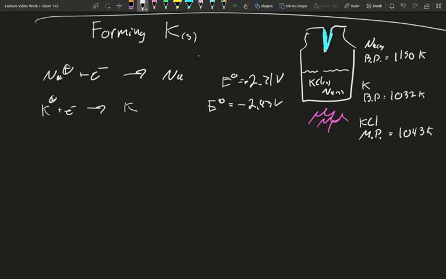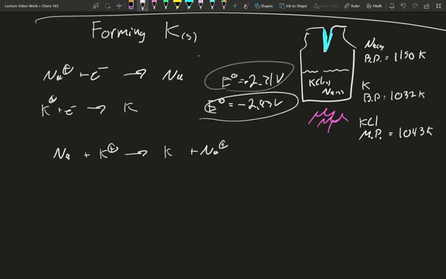So if we tried to do a reaction where a sodium metal gave its electron to a potassium to become potassium metal and a sodium plus, well, that would be our bottom one here and the flipped top one. So that'd be negative 2.93 volts plus positive 2.71 volts for a negative 0.22 volts.